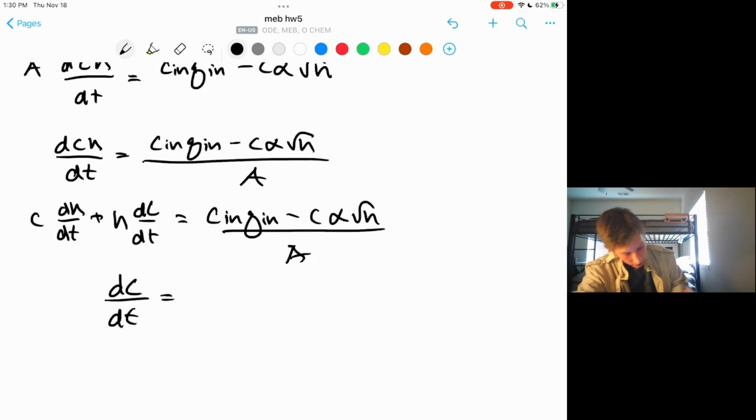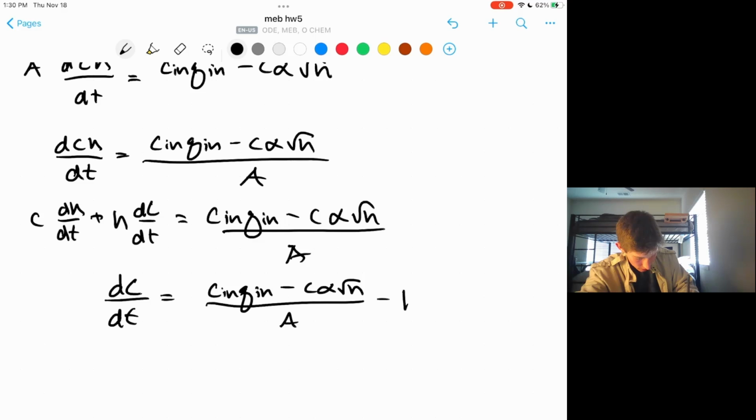the differential for concentration. We subtract the height times the concentration times the height differential, and then divide by the height.